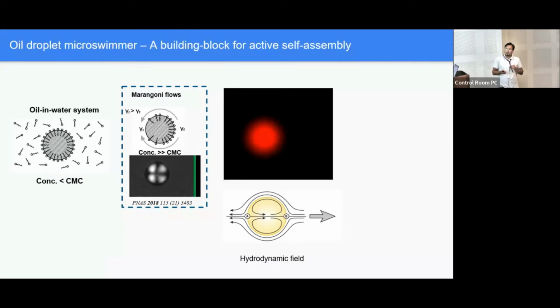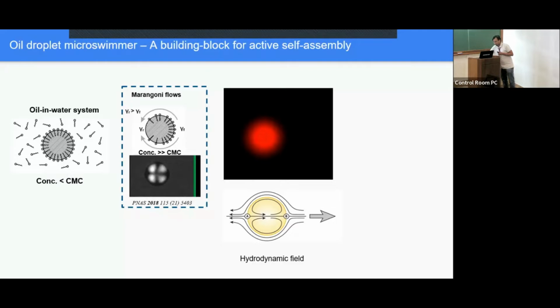So just to remember that the cores of these droplets are also liquid, and they have these nematic directors, but when they start propelling, the internal convective flows generate inside these droplets, and these defects get aligned in the direction of self-propulsion.